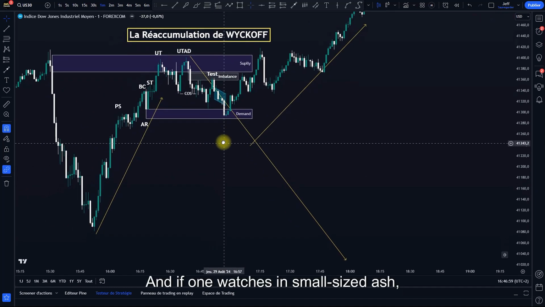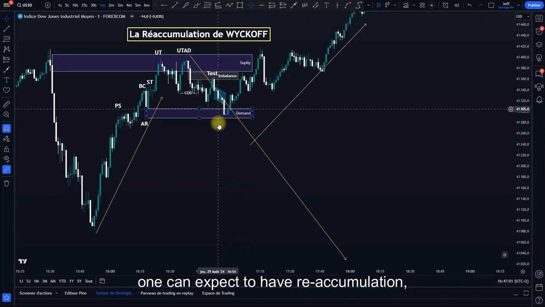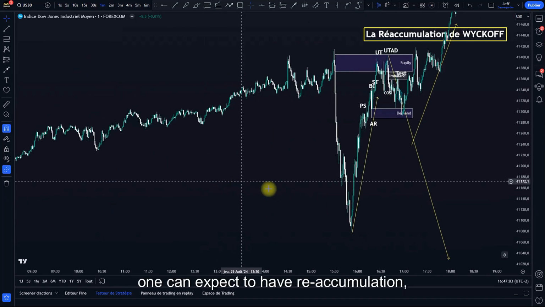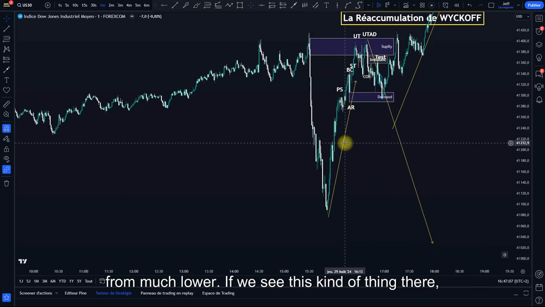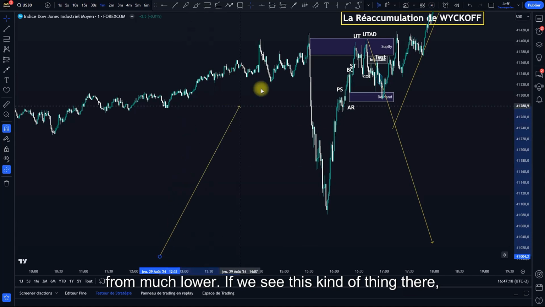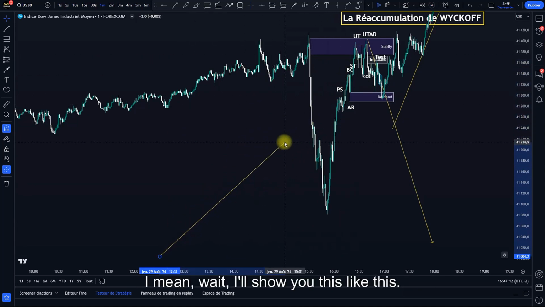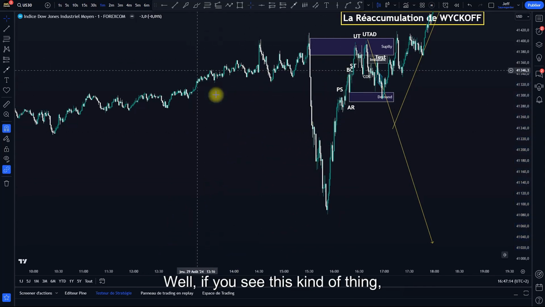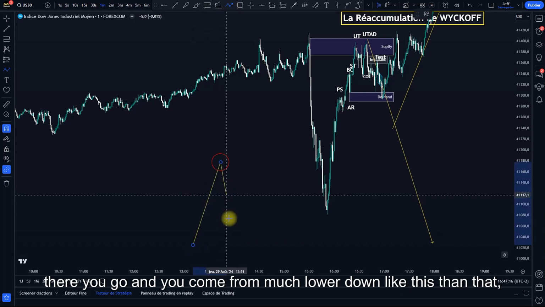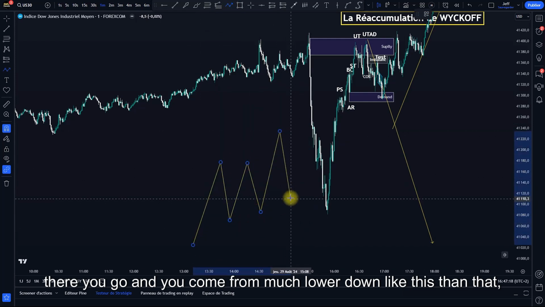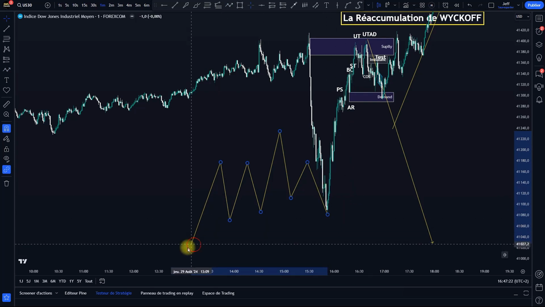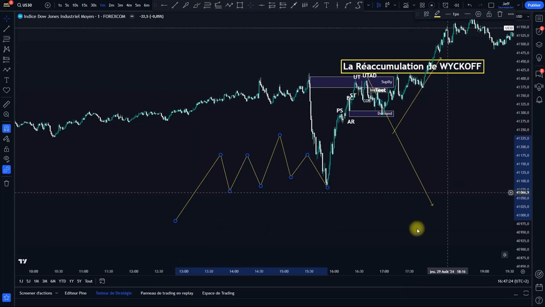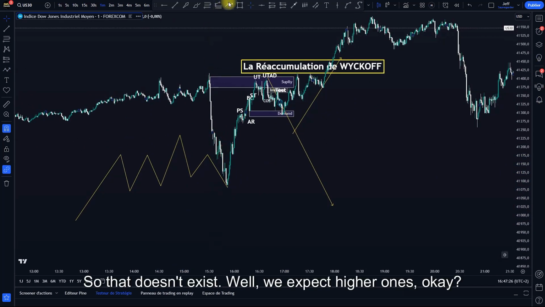If one watches in small time frames, one can expect to have reaccumulation, especially if the movement comes from lower, from much lower. If you see this kind of thing and you come from much lower down like this, then that doesn't exist. So that doesn't exist.